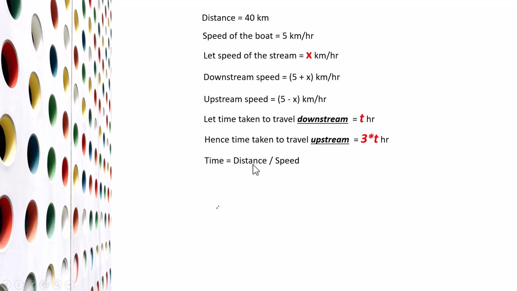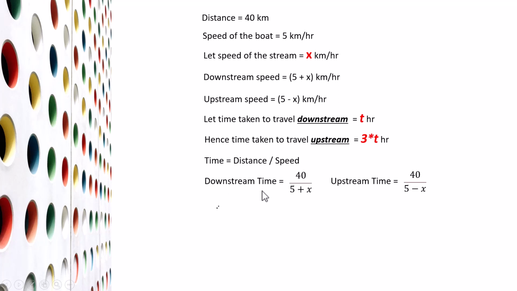Now we just have to replace the time formula for the upstream and downstream times. The downstream time is distance, which is 40, divided by speed, which is 5 plus x. And the upstream time would be again the same distance, 40 divided by 5 minus x.